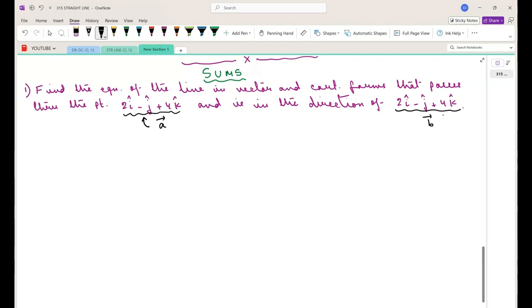So we'll find both the vector and Cartesian forms of this equation, but directly without any derivations, just as we have done the formula. Okay. So first, the vector form. So this line you must always write, let r be the position vector of any point on the line.